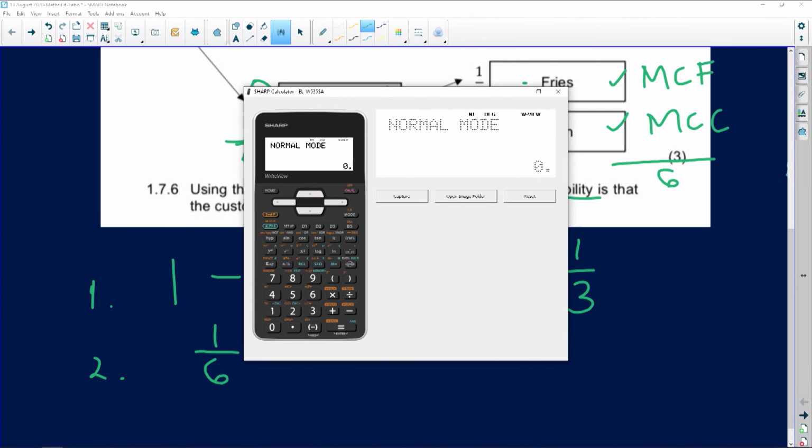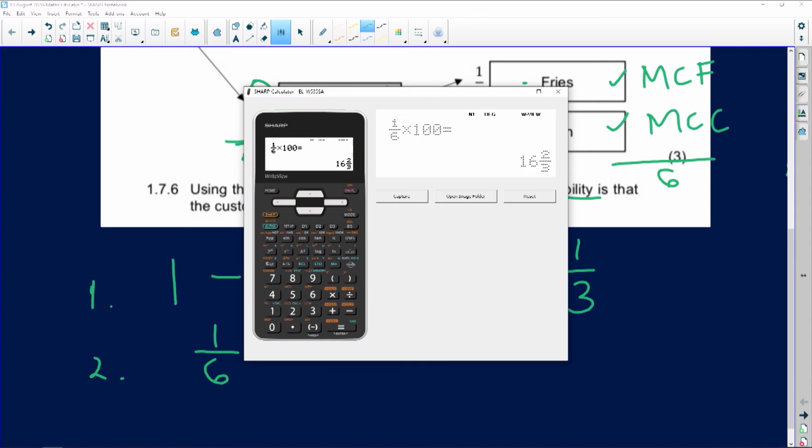So that would be 1 over 6 times 100, which changes it into a percentage. And you know our lovely calculator gives it to us here as a mixed fraction.